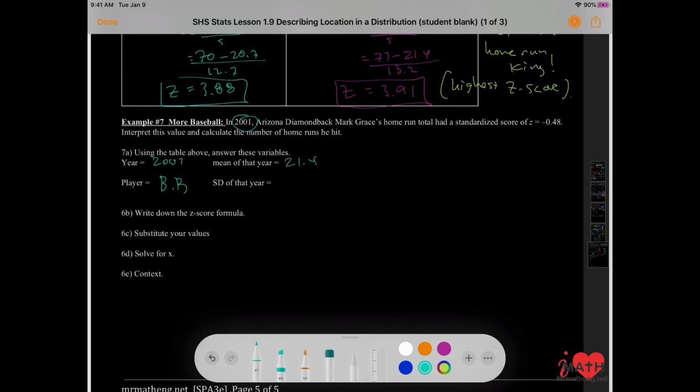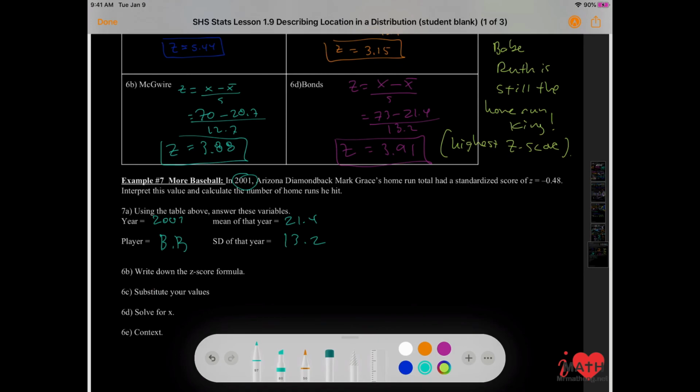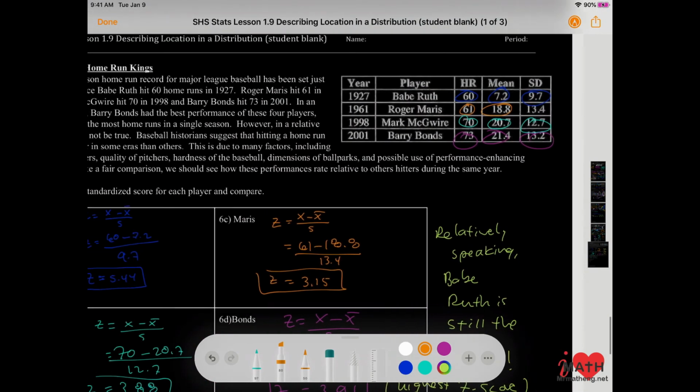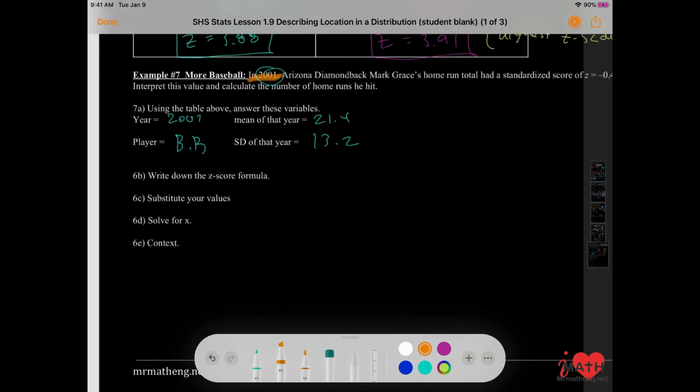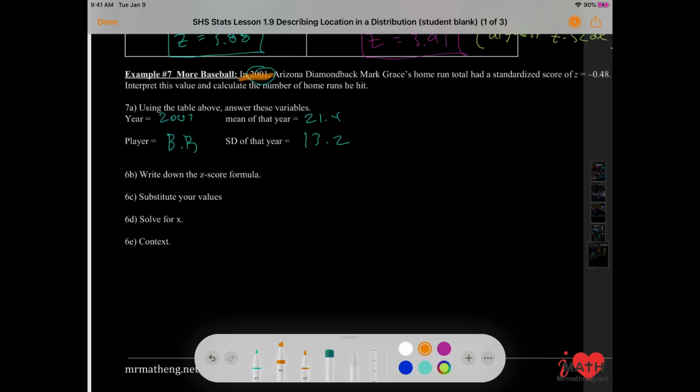So now we're comparing a new player, but we're still using all the players' averages in 2001. What was the standard deviation? That was 13.2. Again, I just got those numbers from 2001. Let me just use a highlighter. I'm using all of that data right there. All right, so I got the data.